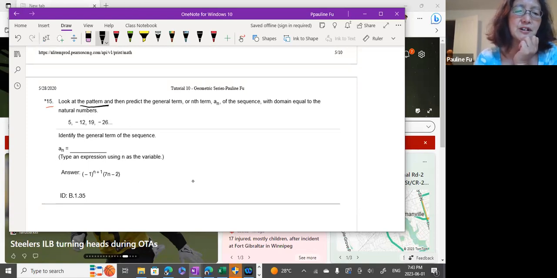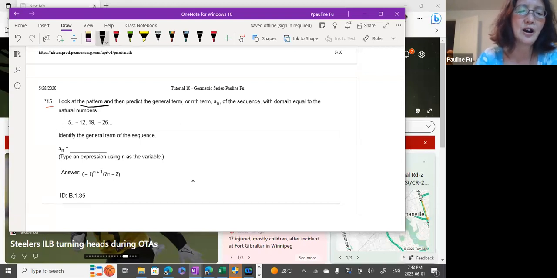How do we get from 5 to negative 12? And then how do we get from negative 12 to 19? One pattern is that it has positive, negative, positive, negative.